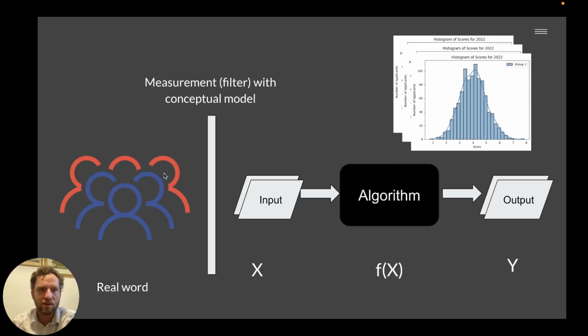And the real world is full of things, objects, people, different situations. We are going to take measurements of this real world, and there's going to be filtering. We have some sort of conceptual model or measurement model, and we're going to capture the real world in the form of some sort of data.